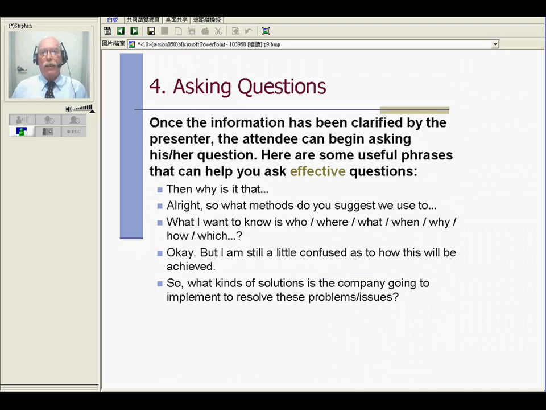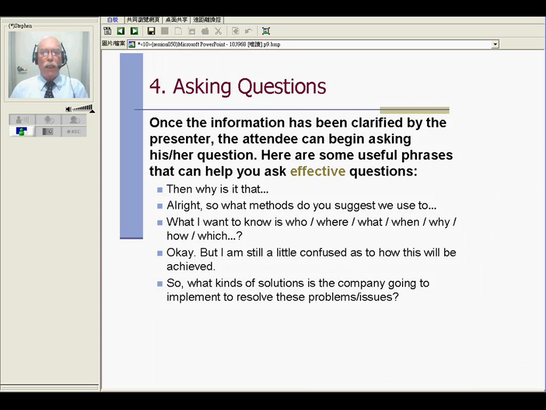So when we're asking questions here now, okay, once the information has been clarified by the presenter, the attendee can begin asking his or her question. Here are some useful phrases that can help you ask effective questions. Okay, so we've clarified our question.